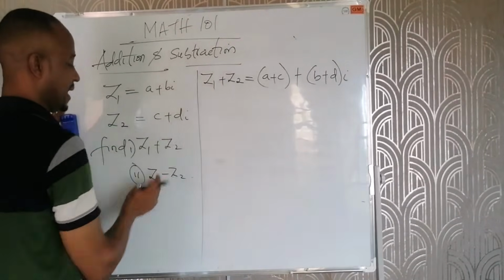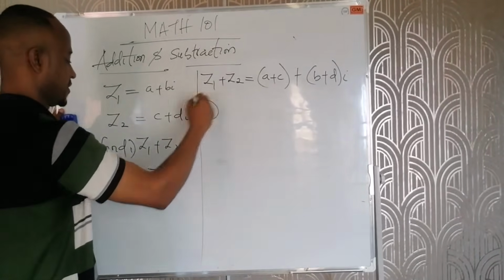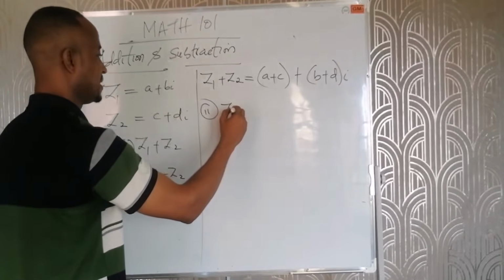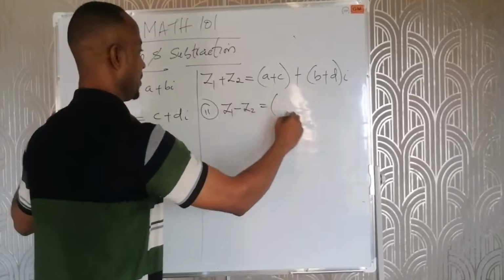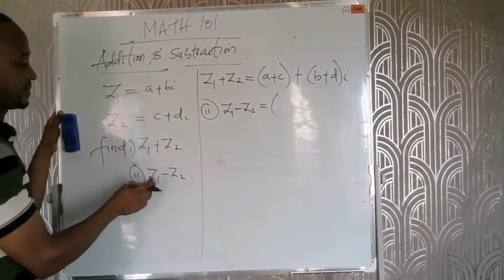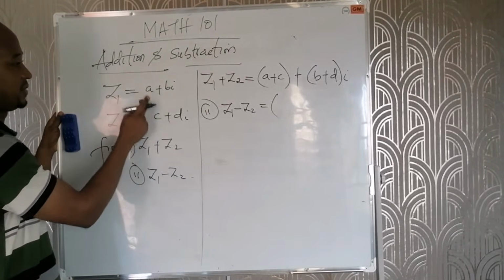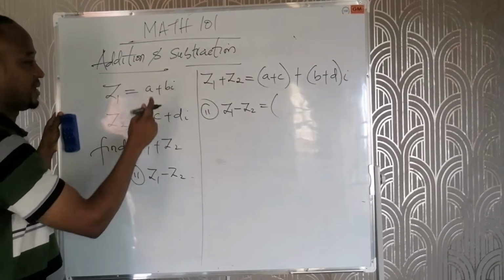Now let's find z1 minus z2. The same thing applies there. In subtracting complex numbers, we subtract the real, then also subtract the imaginary.